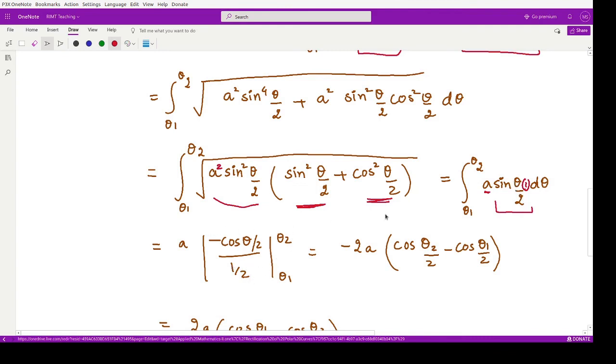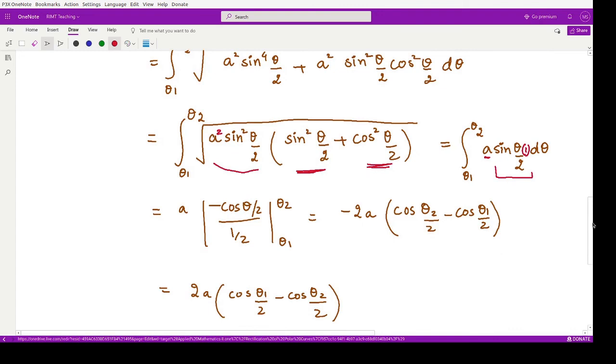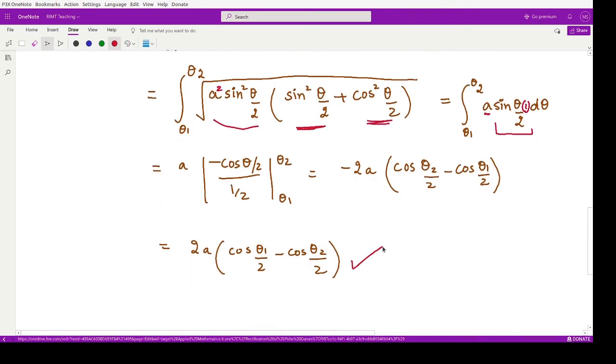Substituting the limits from theta 1 to theta 2, this becomes minus 2a times cos of theta 2 by 2 minus cos of theta 1 by 2. So this is the final answer, the length of the given curve. I hope this topic is clear to you.